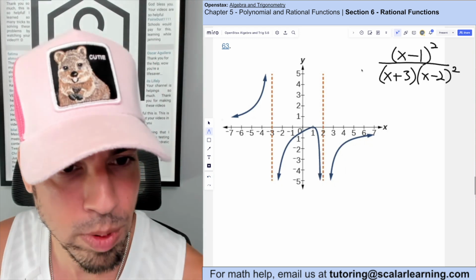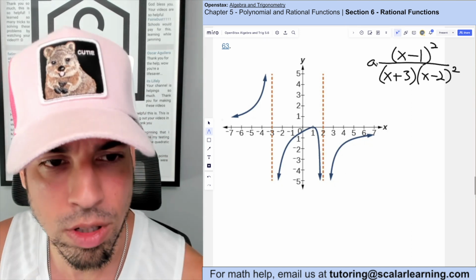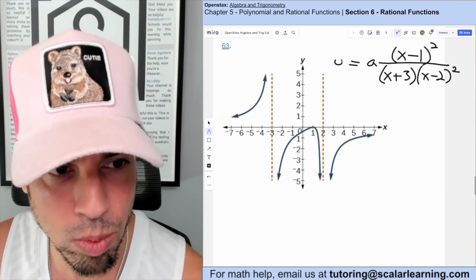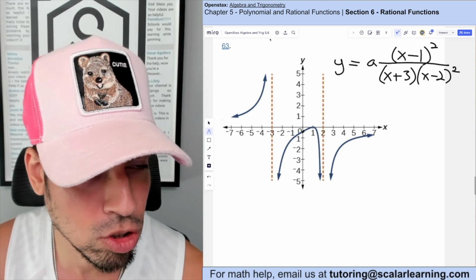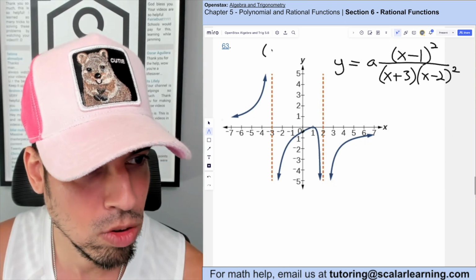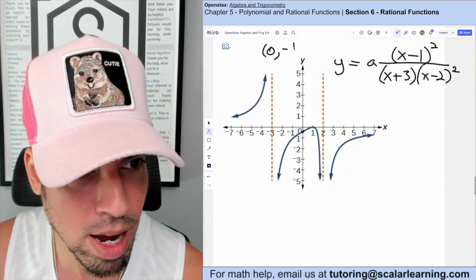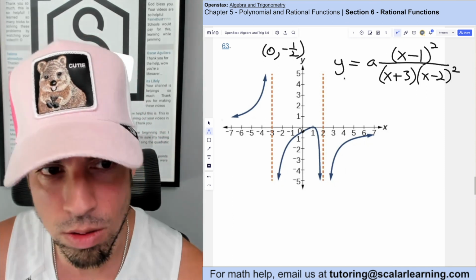Now, the last thing is we need to figure out if there's a constant or an a value that we need to solve for. So we have one other point. It doesn't say exactly, but I'm going to assume that our y-intercept here is (0, negative 1/2). So we're going to plug in and see if we can solve for a.